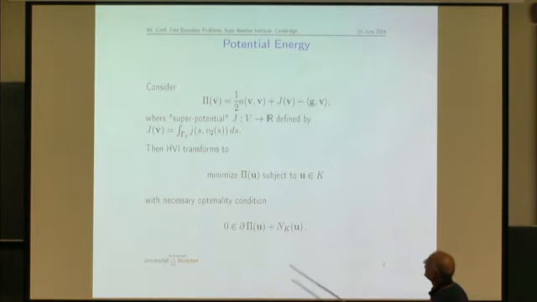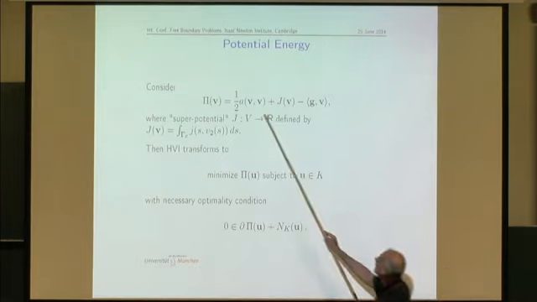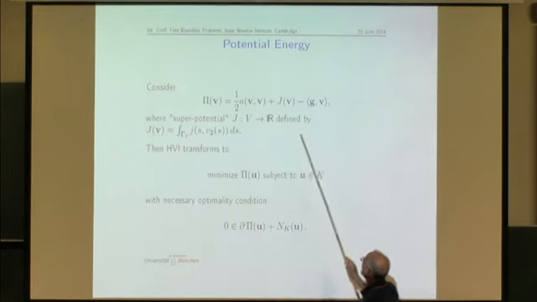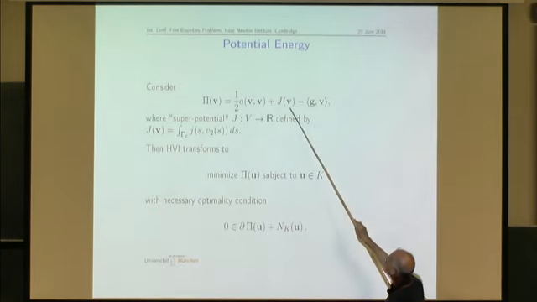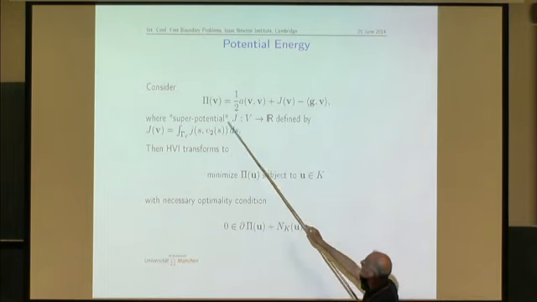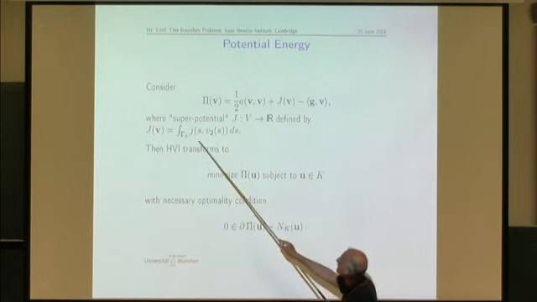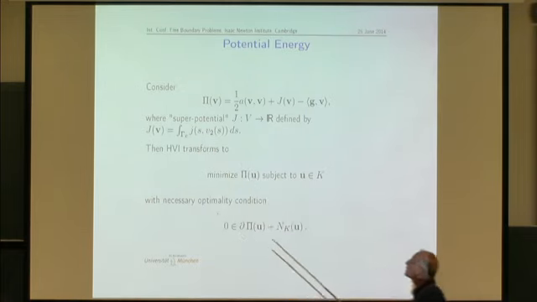So we can also write this in the form of a potential energy. You have this standard linear energy from the bilinear form from linear elasticity, and you add some function J, which in this framework is called a superpotential, just by integrating up this small j here.